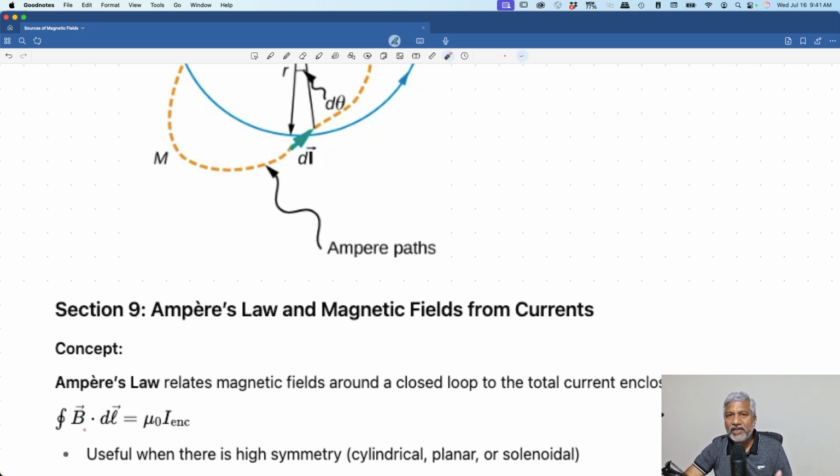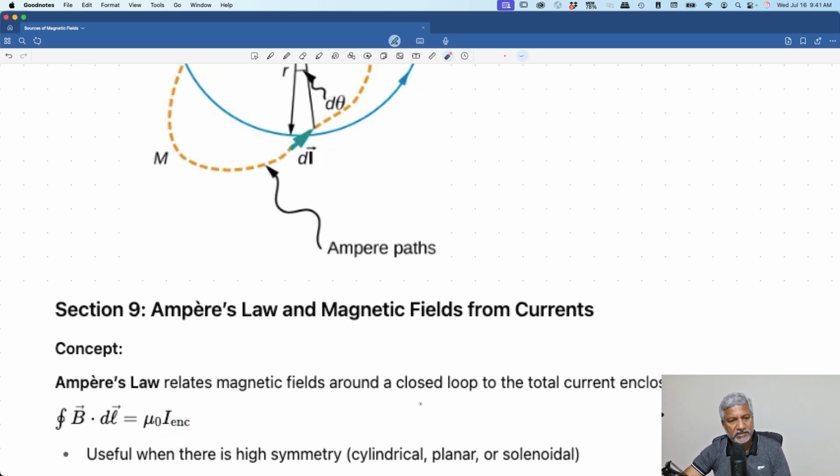Whenever the angle is 0, you know cosine 0 is 1. And if the angle is 90, then cosine 90 is 0. So keep that in mind. Anyways, on the left side, you have the closed line integral of B dot dl, which according to this law must be mu naught times the current enclosed by the path.